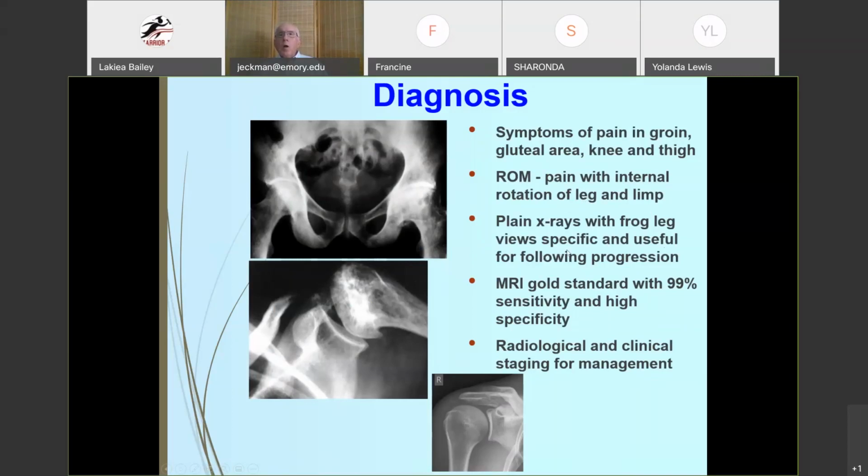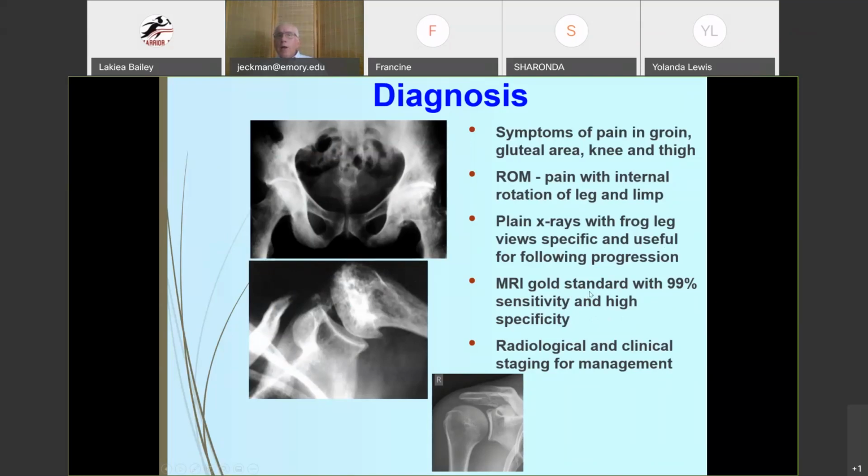Sometimes we do an MRI if the regular X-rays are normal, and that's very sensitive and very specific, and it's called sort of the gold standard, which means it'll pick up the AVN earlier, and the changes on the MRI are so characteristic that you can make the diagnosis without having more studies.